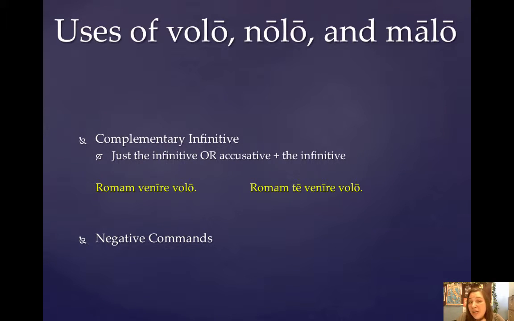The first one, and it's pretty straightforward, is when you use a complementary infinitive. Remember that volo means I want, nolo means I don't want or I'm unwilling, and malo means I prefer. So you can almost anticipate that complementary infinitive: I prefer to dance rather than to sing, or something like that.